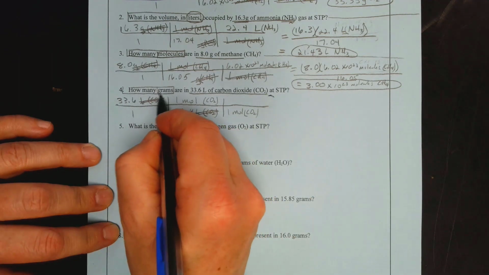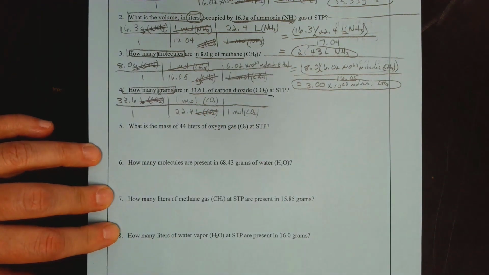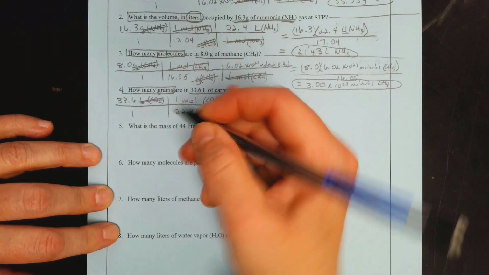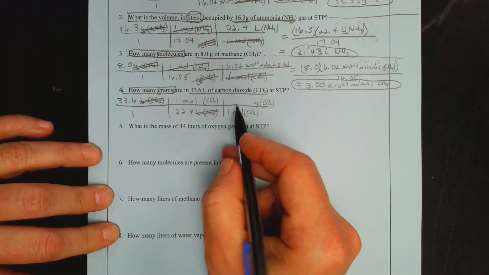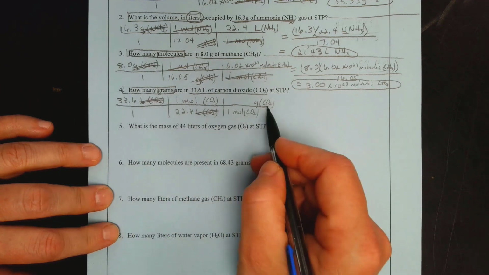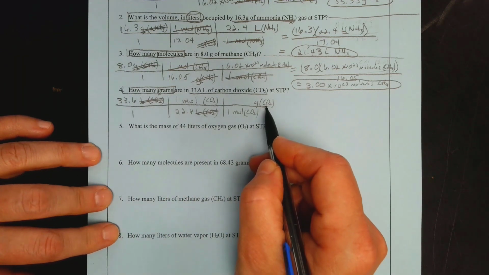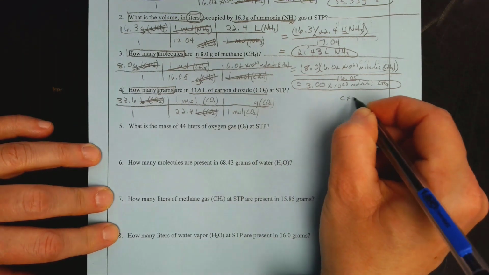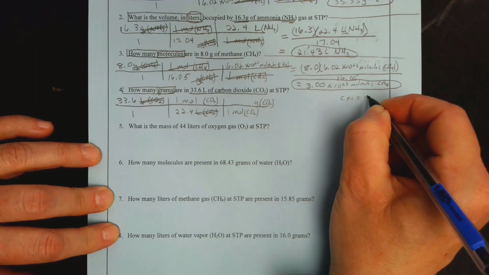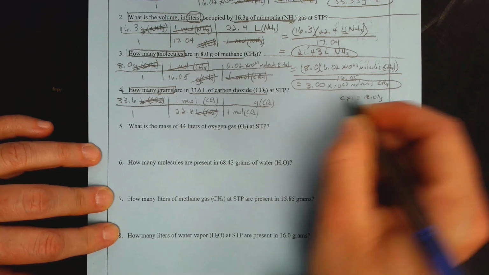And remember, you guys, I am trying to finish with grams, which means I'm going to end up with grams of CO2 up here. But again, because I'm dealing with mass, I have to go to the periodic table and add up my molar mass. So I've got a carbon times 1 equals 12.01 grams.